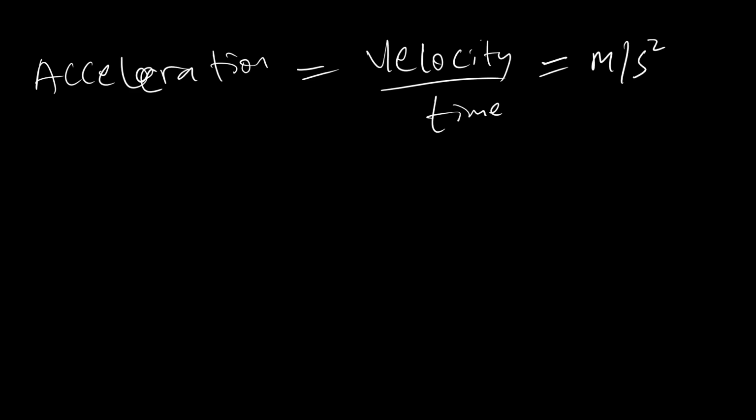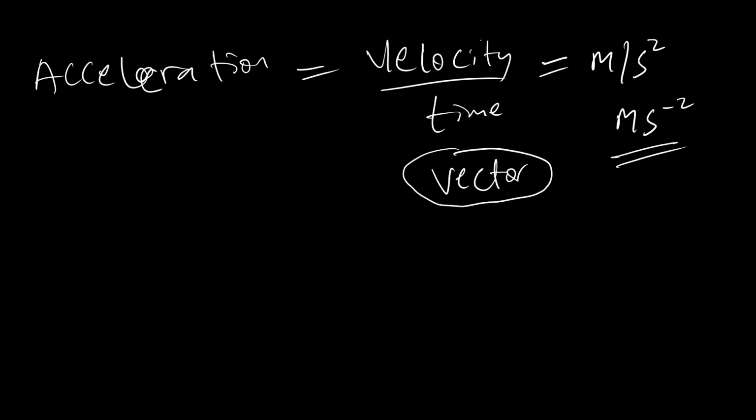You can write it this way, or you can write it this way, meter per second square. They are both the same thing. And acceleration is a vector quantity, because velocity is a vector quantity.